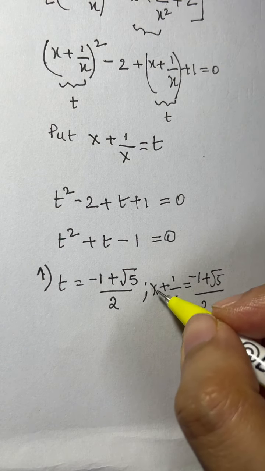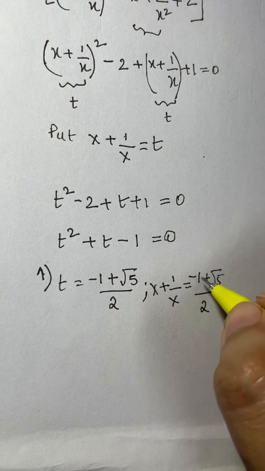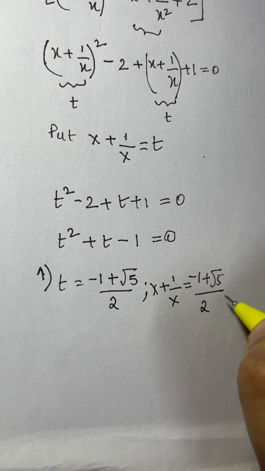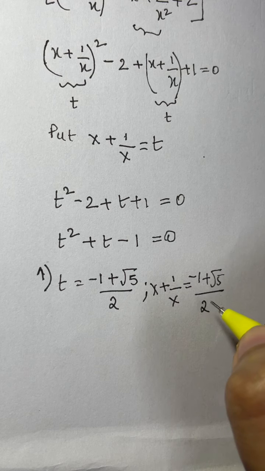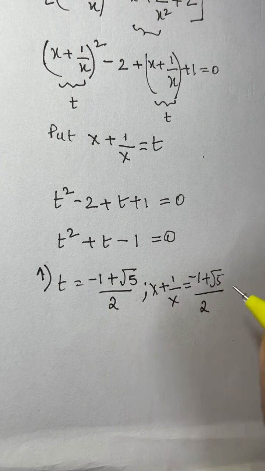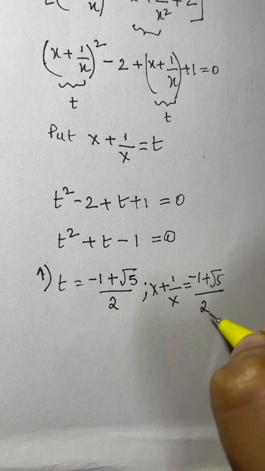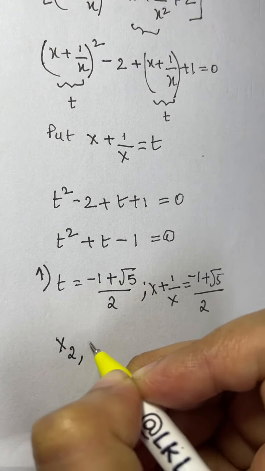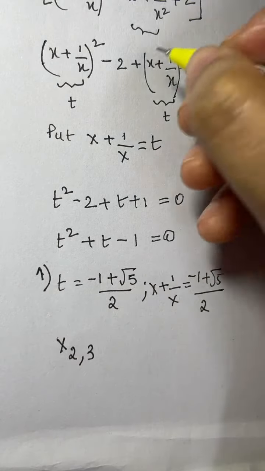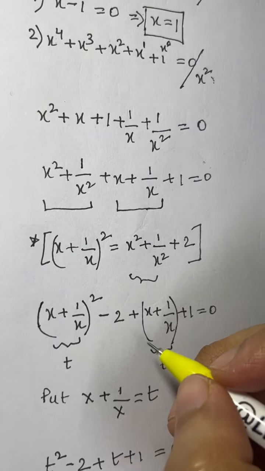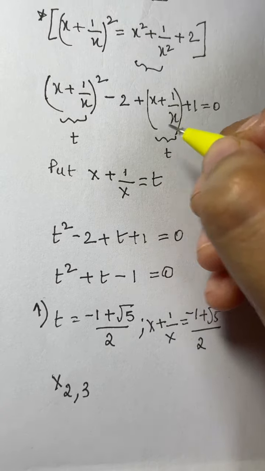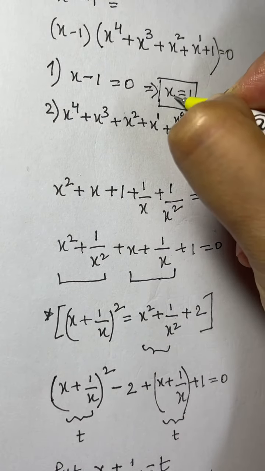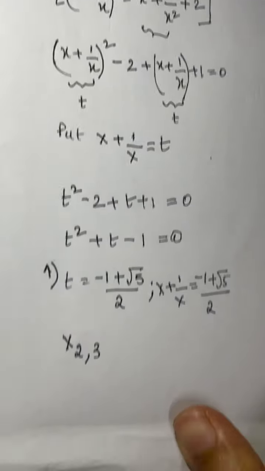So you will get x squared plus 1 equals negative 1 plus square root of 5 over 2 times x. And then you can again use the quadratic formula, negative b plus or minus square root of b square minus 4ac over 2a, and you're going to get the solution. Let this be x1, what we have got before. We've got one value of x here.